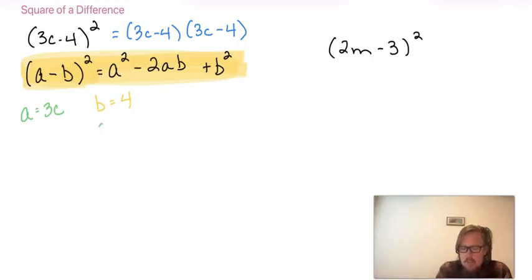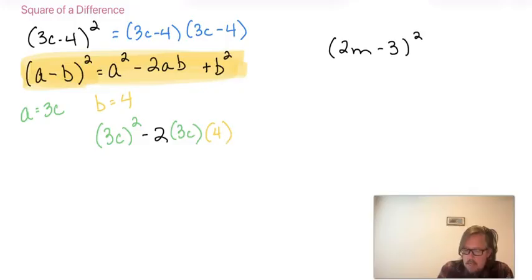So instead of a squared, it's 3c squared minus 2 times 3c times 4. And on the end, we do plus 4 squared.